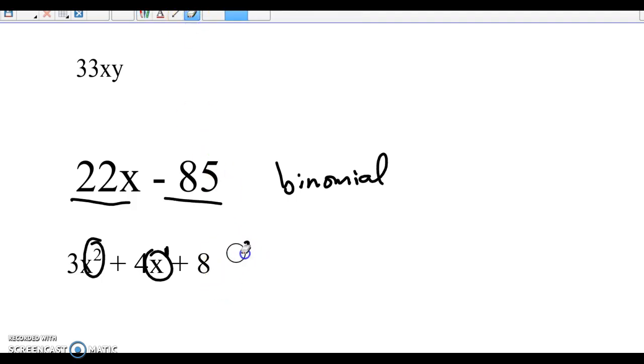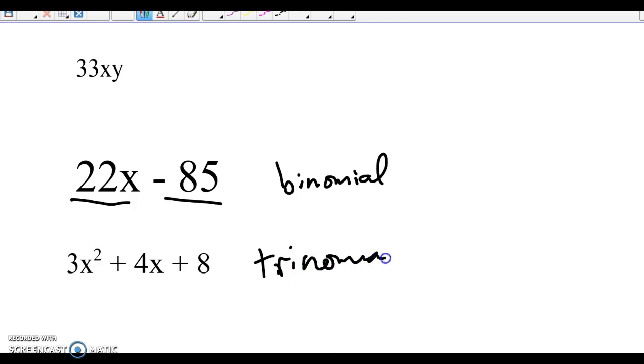That's why it's just a constant. But they have different exponents. So this three-term expression would be a trinomial. If it has more than three, we just call it a polynomial.